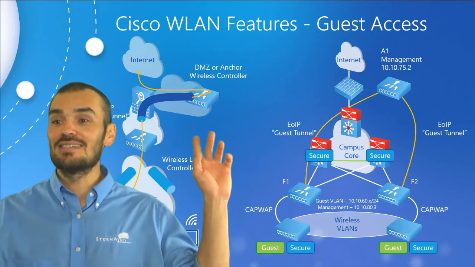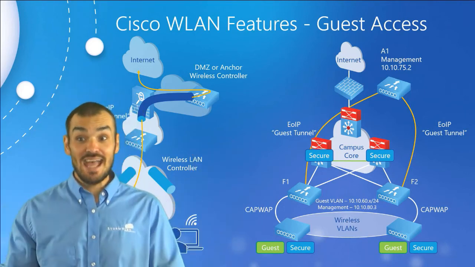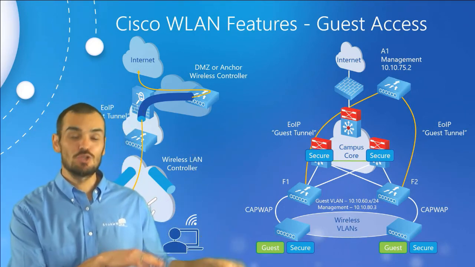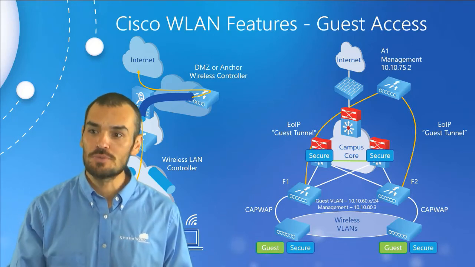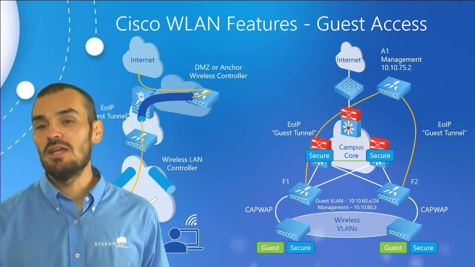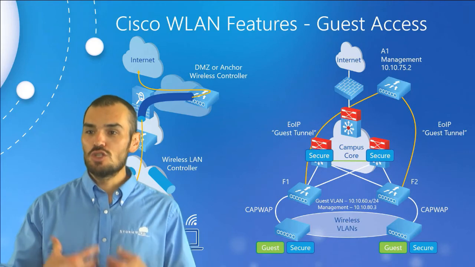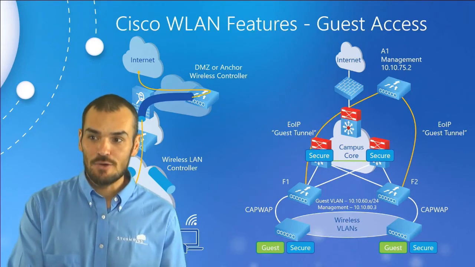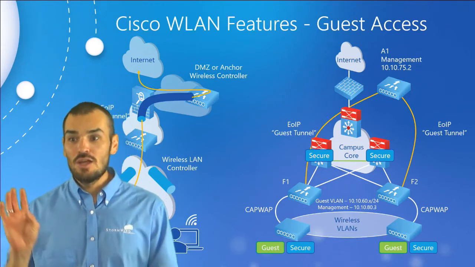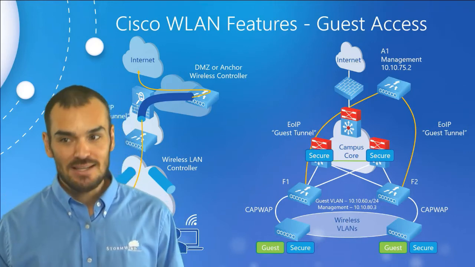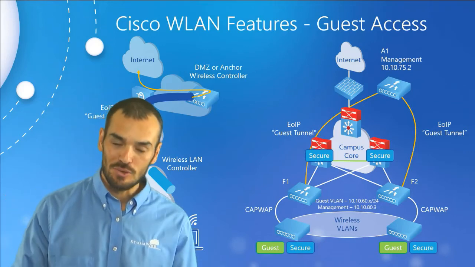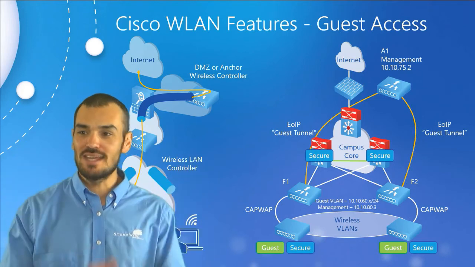Clients can connect to this guest wireless LAN since it is statically mapped to that guest controller or those guest controllers. Now, you can also leverage Prime Infrastructure in this scenario to create guest accounts. In its absence, we can create a lobby ambassador account on the guest controller, kind of giving us the same features as a guest account.